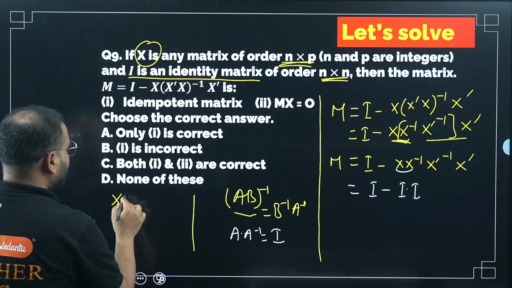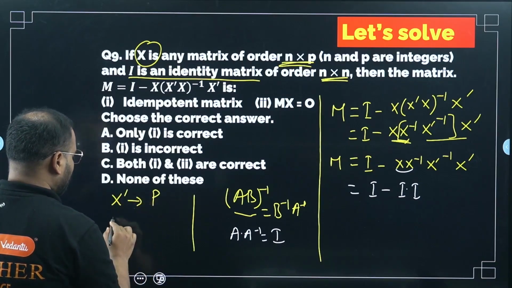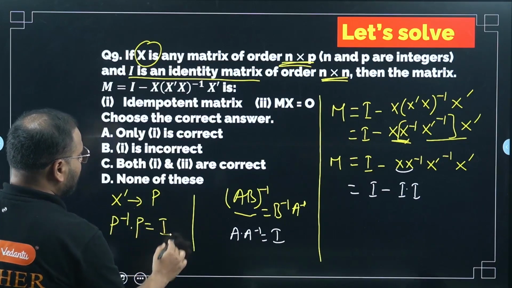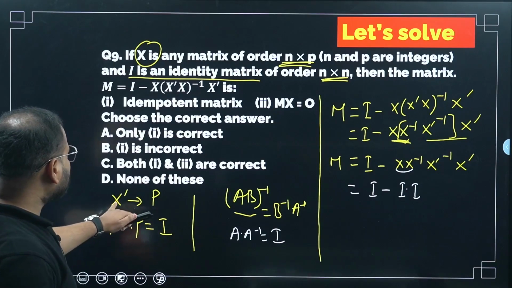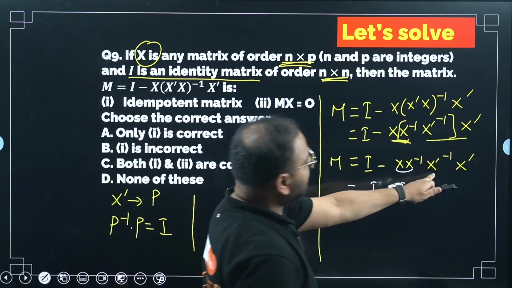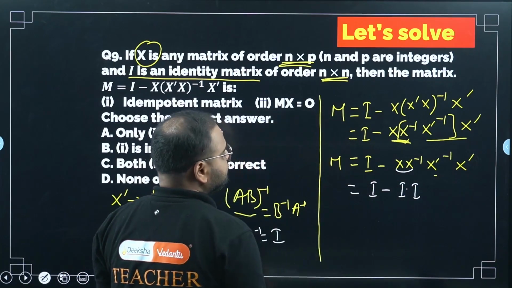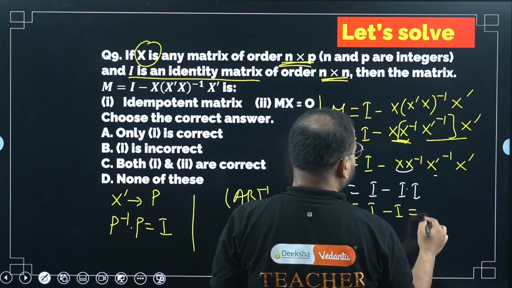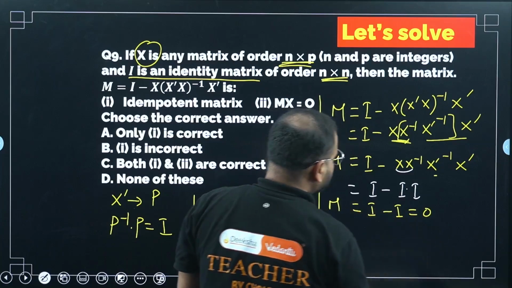If I write X transpose as some matrix P, then P inverse times P will be identity only, no? So same thing. X transpose is P, this is my P inverse, this is just P. So what is this going to be? I minus I. What is the answer? Null matrix. So M is null matrix.